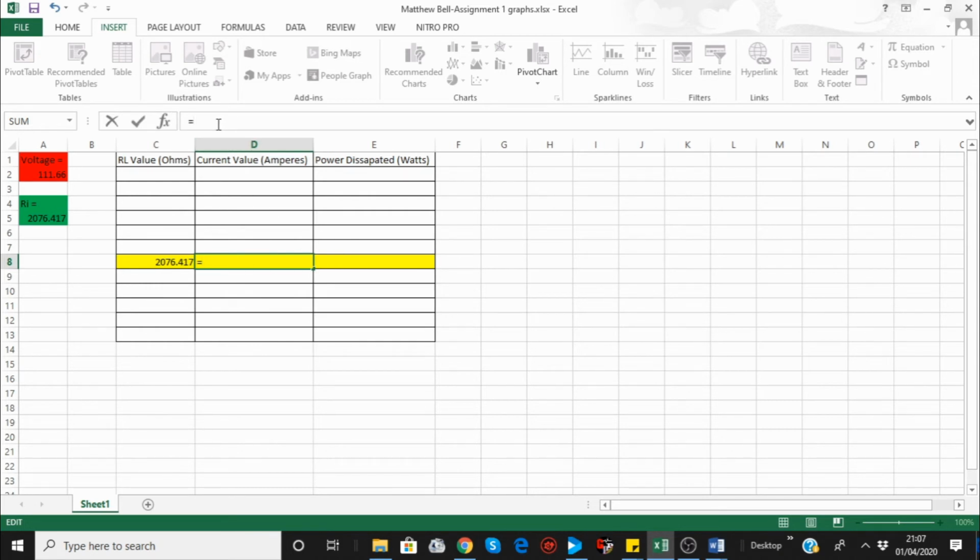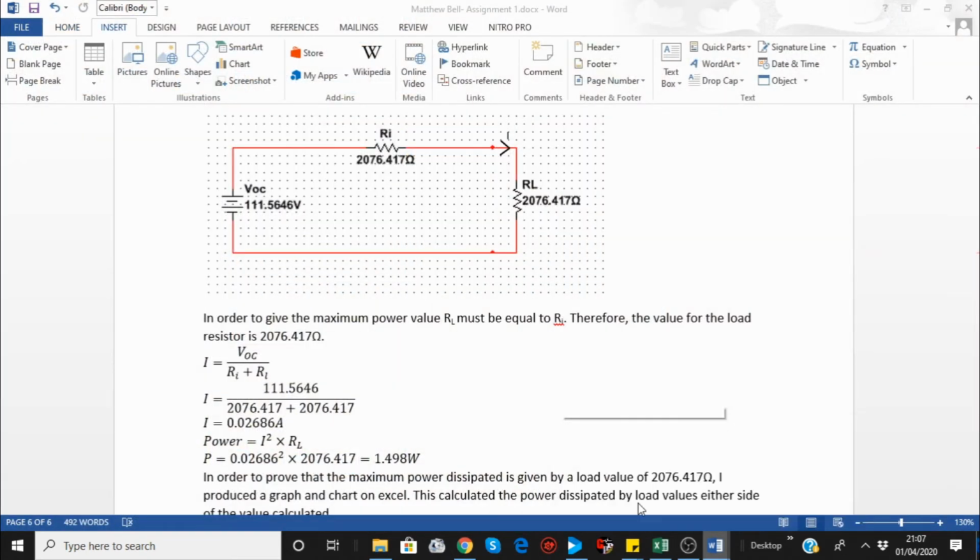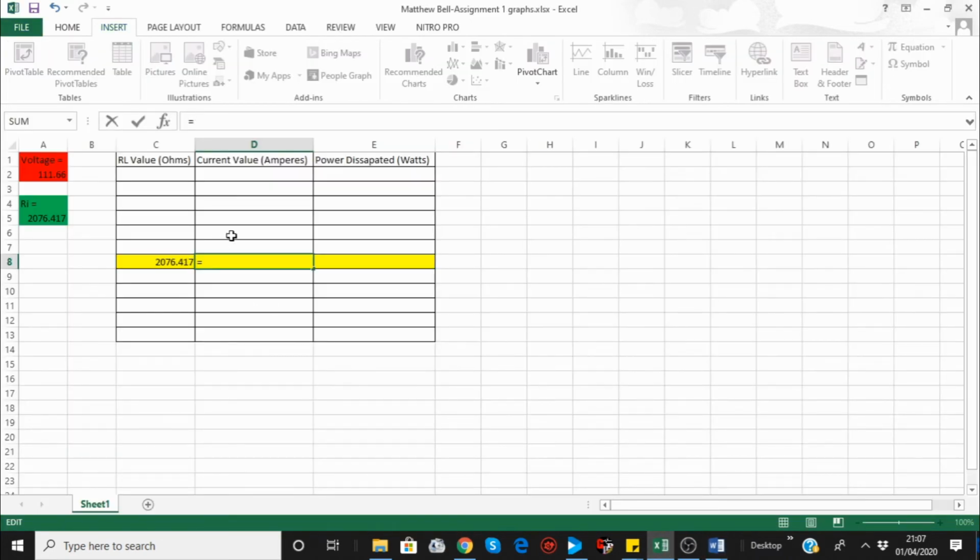For current, I equals VOC, which is this one, 111, and we found how much it was, 111.5646. We just go with 111.56, we just leave the rest of it.